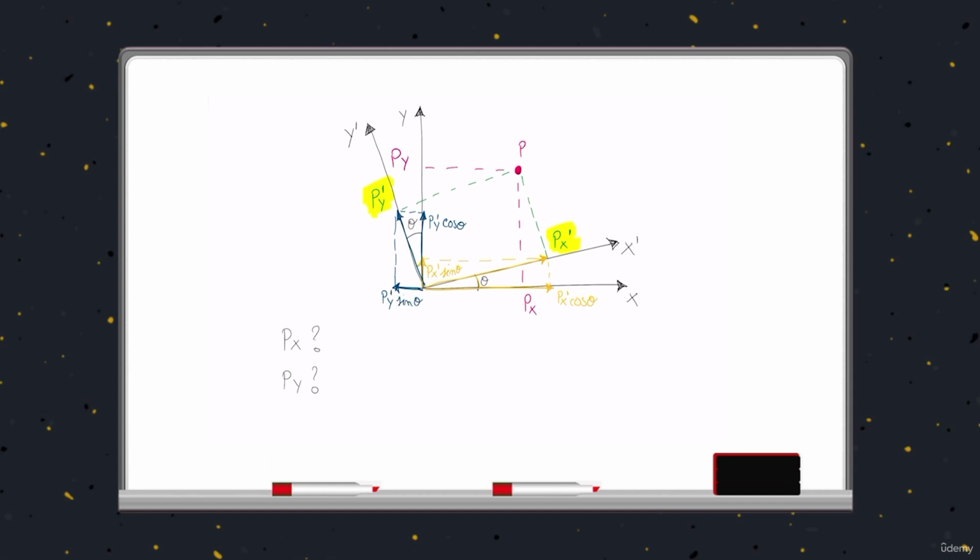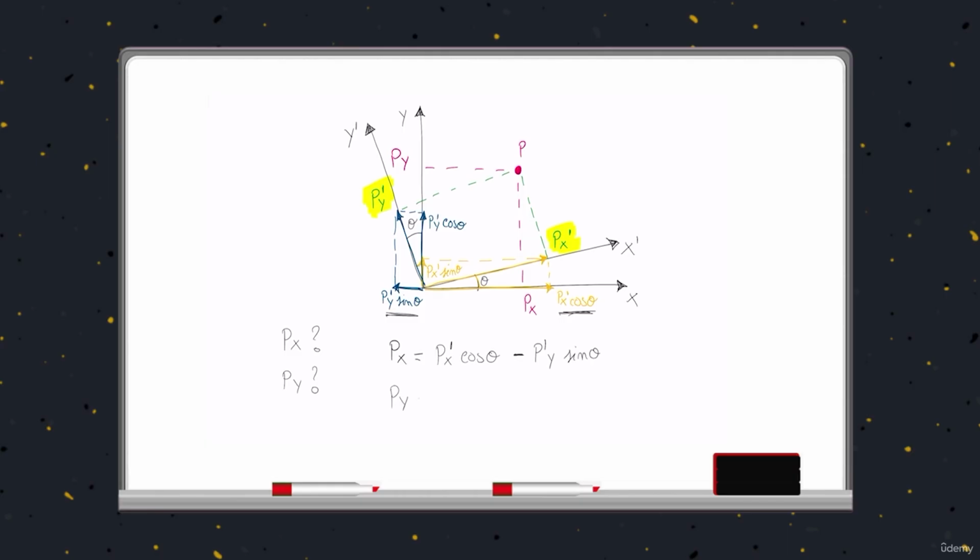With this new data, we can now calculate the value of px, and this is given as the sum between the vector px' times the cosine of the angle theta and the vector py' times the sine of the angle theta, and since it has the opposite direction, we use the minus sign.